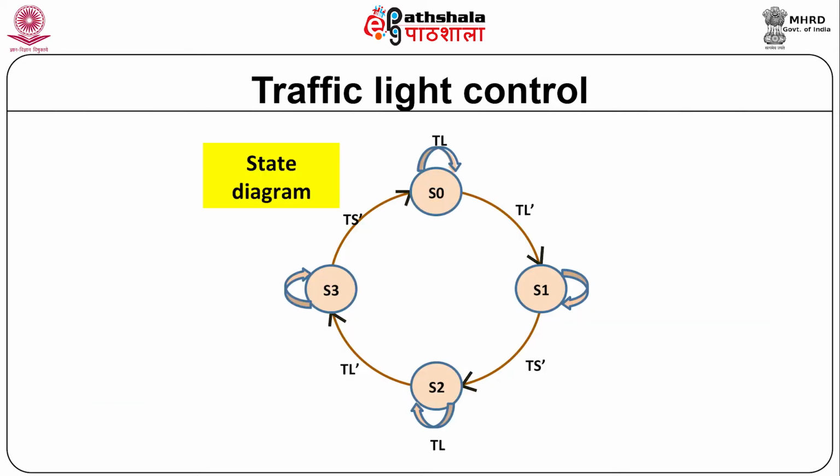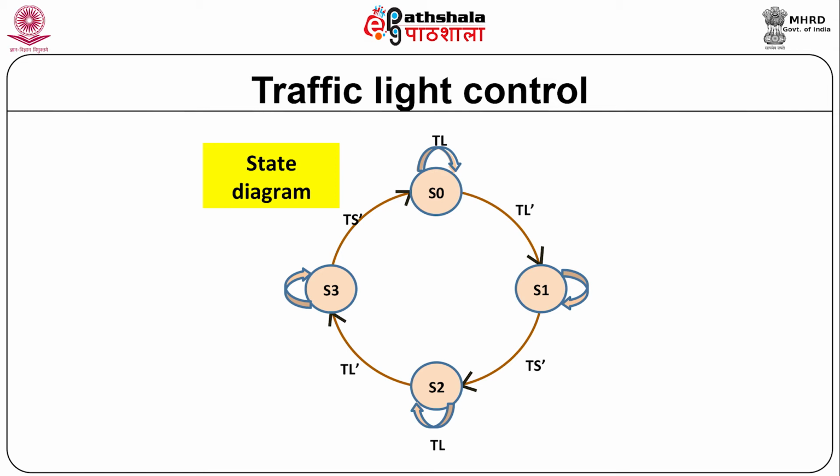As there is a requirement of 4 steps in the traffic light sequence as described earlier, the state machine can be implemented by using 4 separate states, namely S0, S1, S2 and S3. S0 represents the code for the first state, 00. S1, the code for this state is 01.